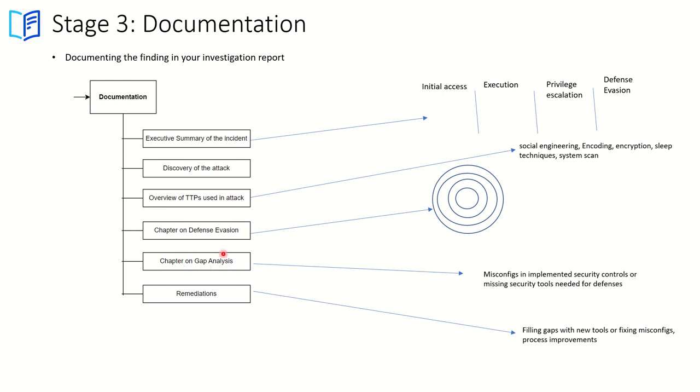Chapter on gap analysis: any misconfigs in the security tools that you have implemented, or any processes that are missing from the organization for incident response and threat hunting, can go into this chapter. Remediation: then filling these gaps with new tools, or fixing misconfigs in the tools, or maybe a custom policy to block certain kinds of attachments on your email gateway, or certain kinds of execution on your endpoints.